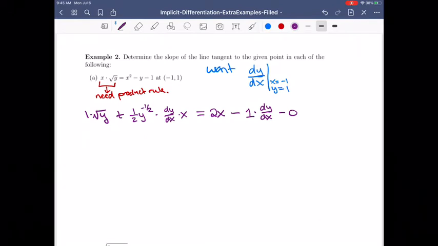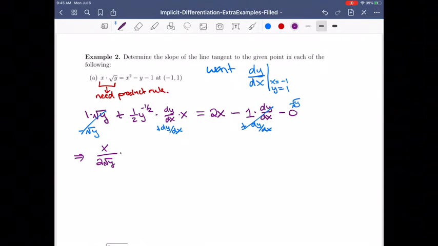So I want my dy dx terms on the same side. So what I'm going to do is add dy dx to both sides so that it disappears, and then subtract root y on both sides so that it disappears over here. And that's going to give me x over 2 root y times dy dx plus dy dx equals 2x minus root y.